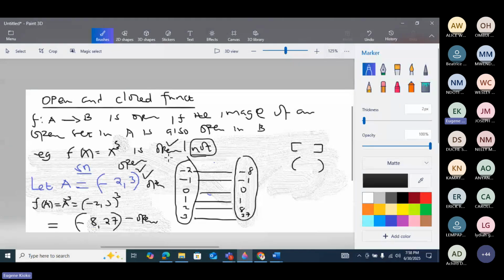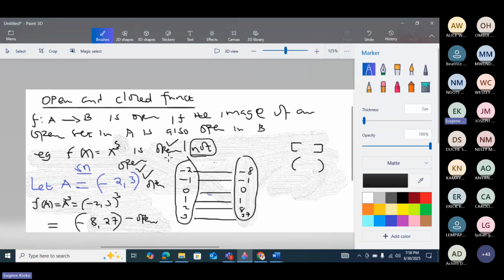X cubed is open. And just to help you summarize, as long as the power is even, power 2, power 4, power 6, that function will always be not open, because the image will always be 0 something, and the 0 is always inside.